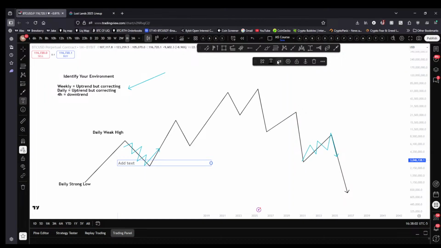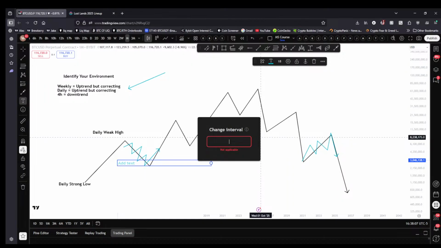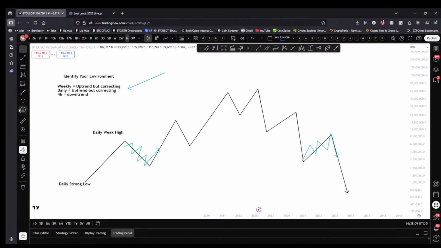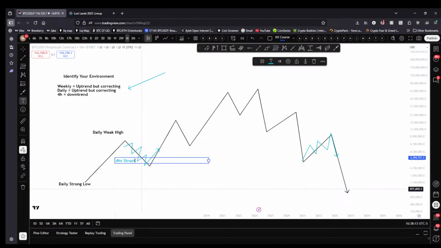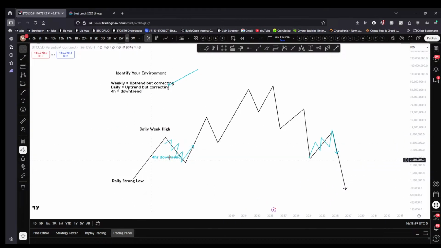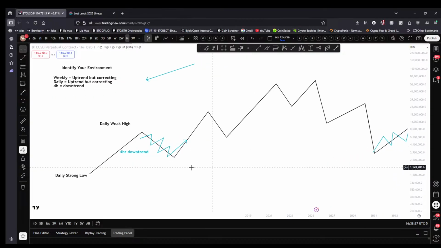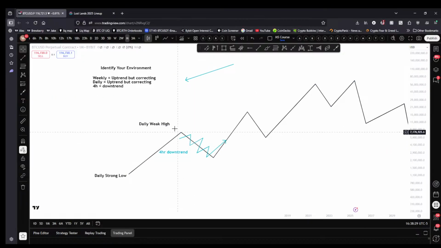And this is your 4-hour structure, or 4-hour downtrend. Your 4-hour downtrend structure is going to be internal structure on your daily. Now you can also have internal structure to that 4-hour structure, but it doesn't really matter right now, right? So this is your 4-hour downtrend.